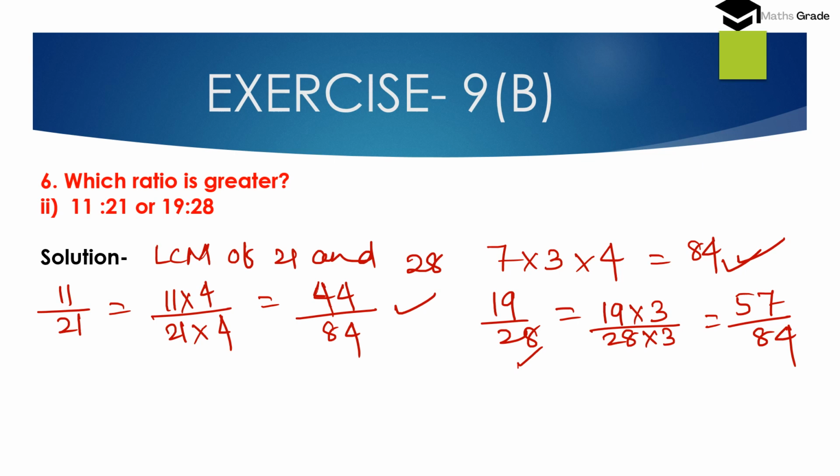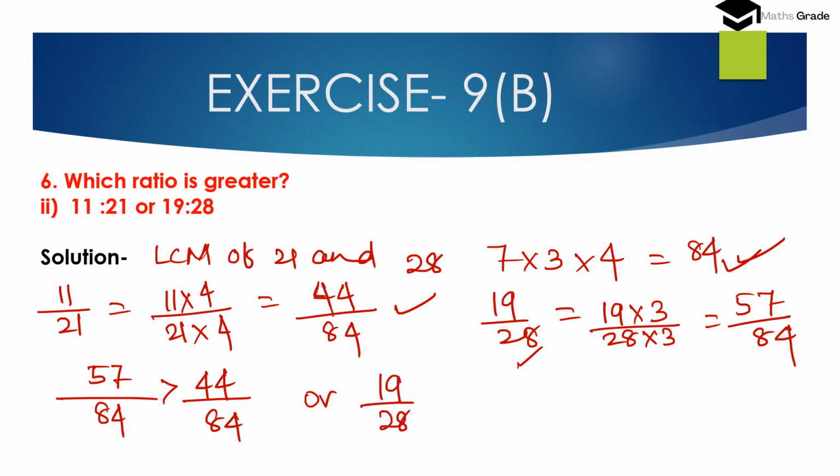And 57 divided by 84 is the greater ratio. 57 divided by 84 is greater than 44 divided by 84. 57 divided by 84 is the equivalent ratio of 19 divided by 28, and 44 divided by 84 is the equivalent ratio of 11 divided by 21.